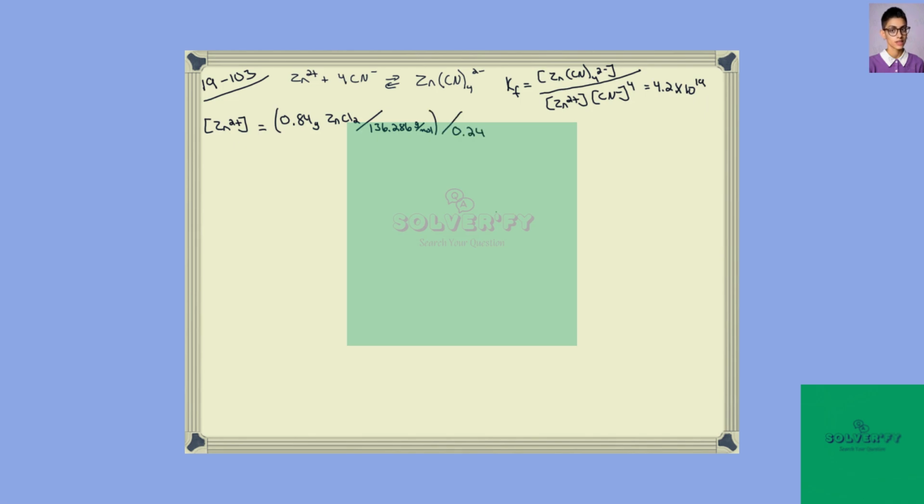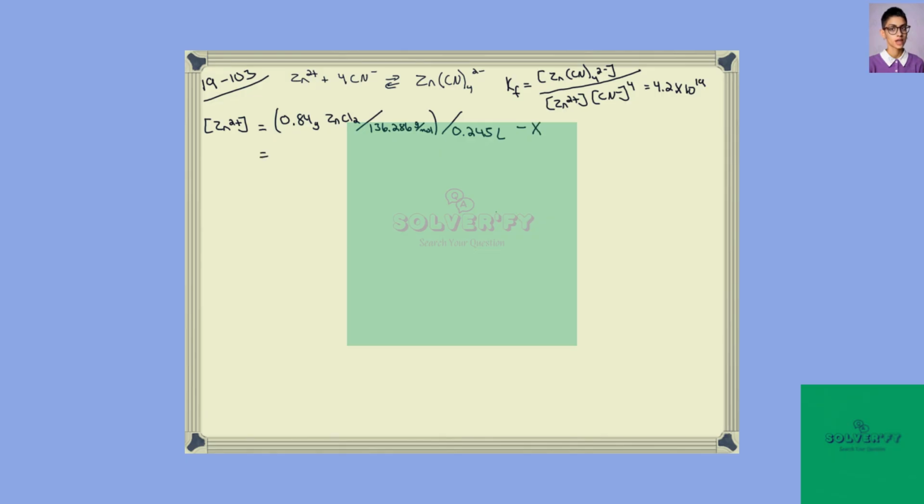We then can divide that by the volume of the solution, which was given to us as 245 milliliters, or 0.25 liters.